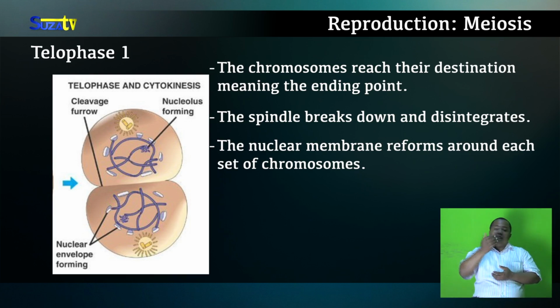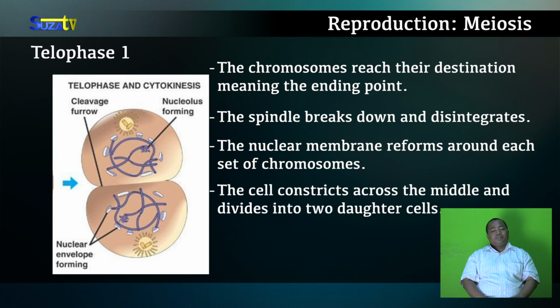This stage is followed by the nuclear membrane reforming around each set of chromosomes. And the cell constricts across the middle and divides into two daughter cells, a process called cytokinesis. This is the last phase in the first meiotic division.